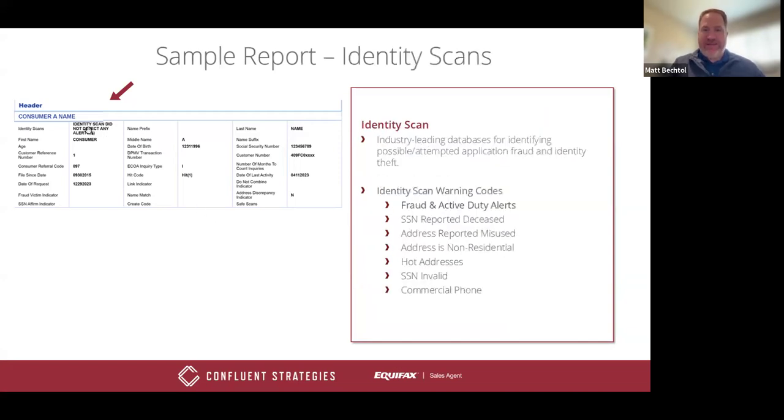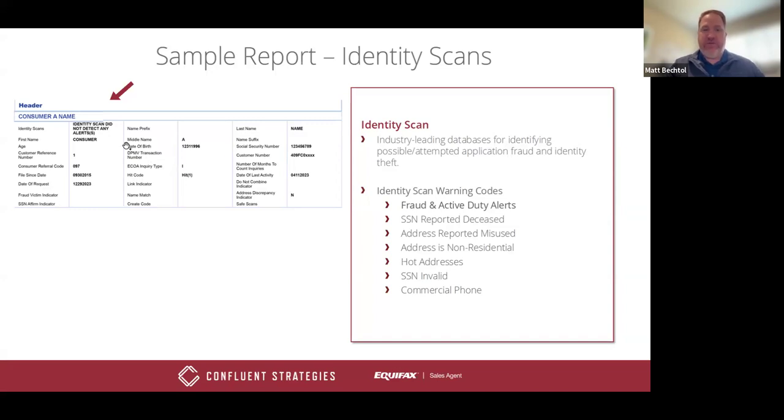When we talk about identity scans, this identity scan product that we have is an additional look when you have an application or when you input the information for that individual, so consumer name, if that were the potential member. We're going to run the information, the PII, the name, address, social, date of birth, up against other databases outside of the credit report to look for potential red flags.